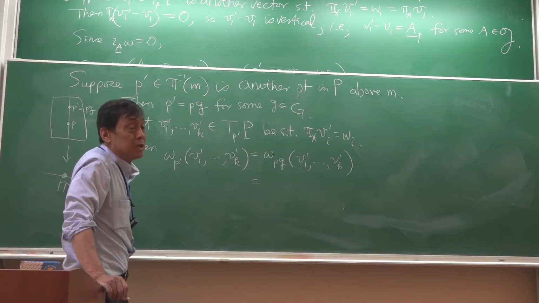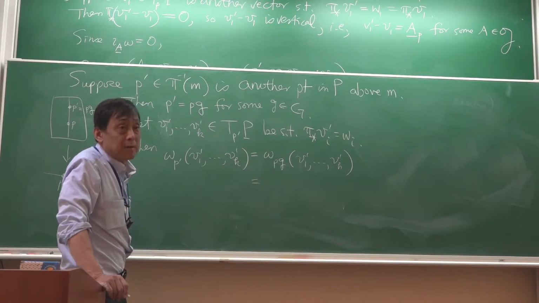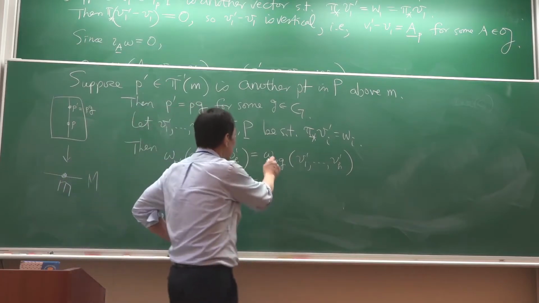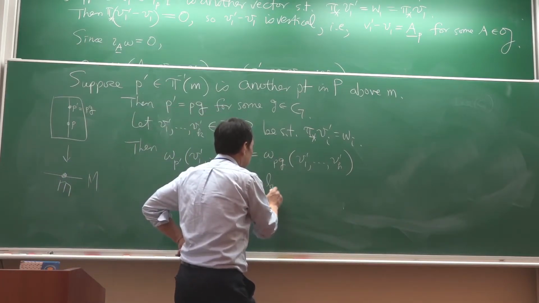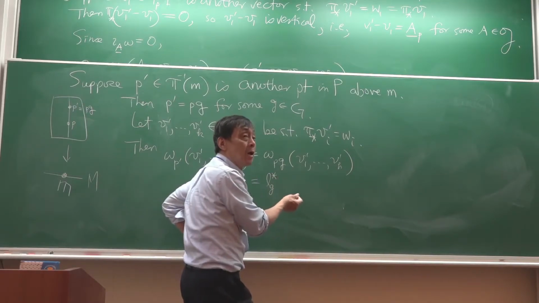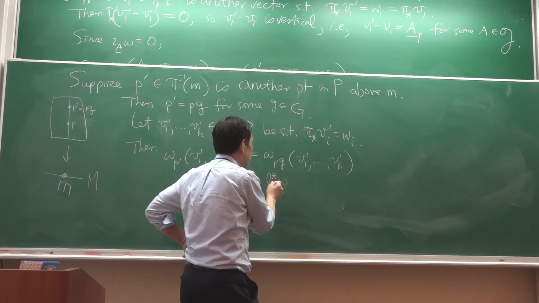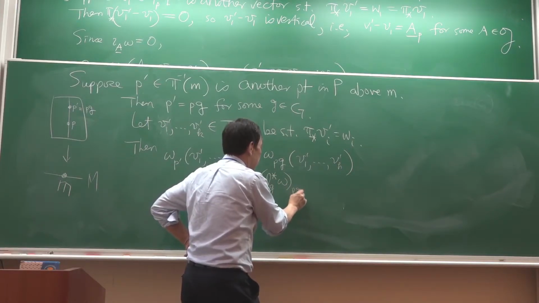Omega at Pg. Omega is invariant. So omega is equal to Lg star of omega at Pg.